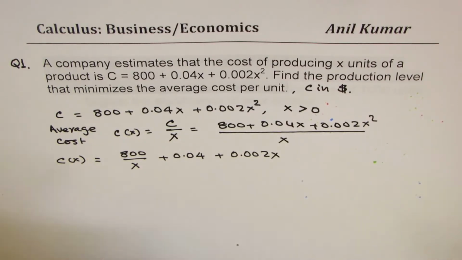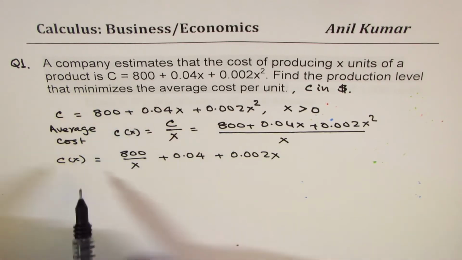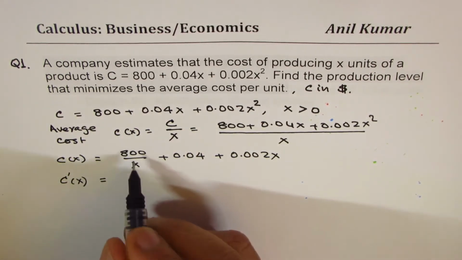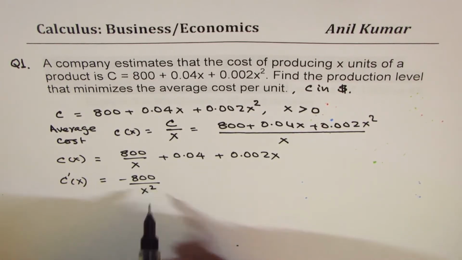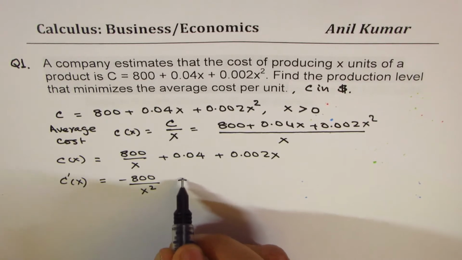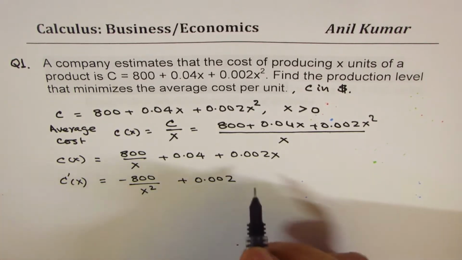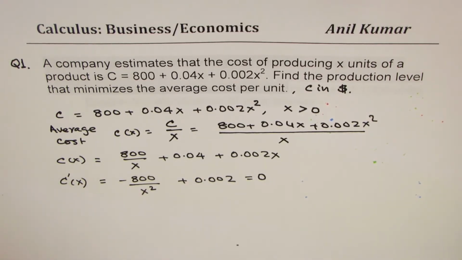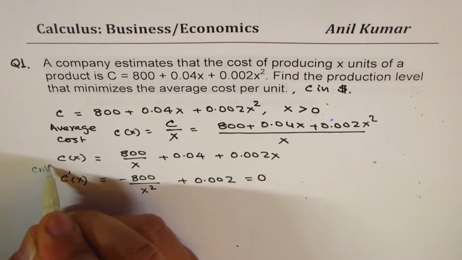Now since we want to find minimum average cost, we'll find its derivative, right? So we'll find the derivative of average cost, which is minus 800 over x squared. This is 0, and here we get plus 0.002. And for the minimum, the critical number, this has to be equal to 0, right? So we're trying to find the critical number now.